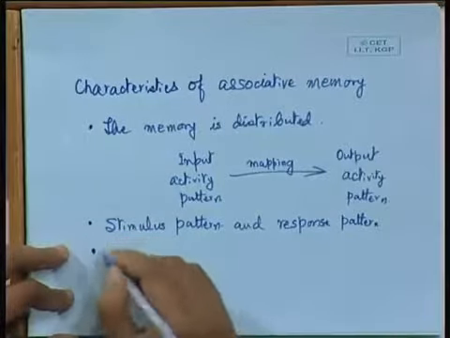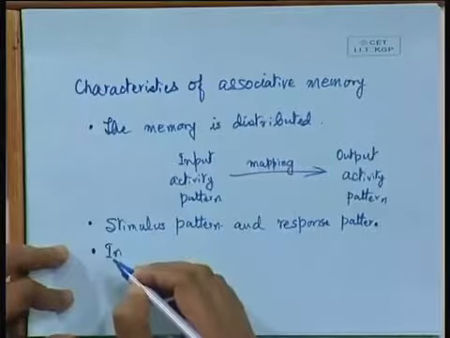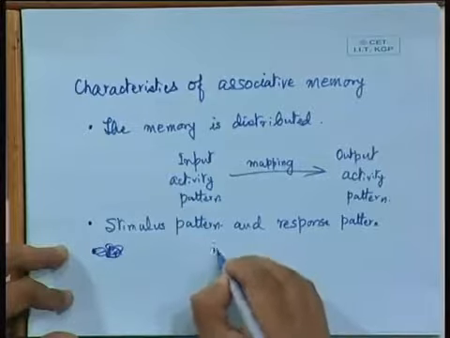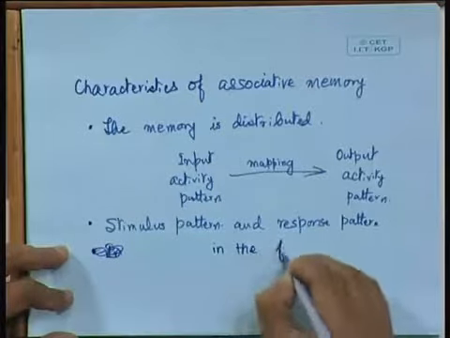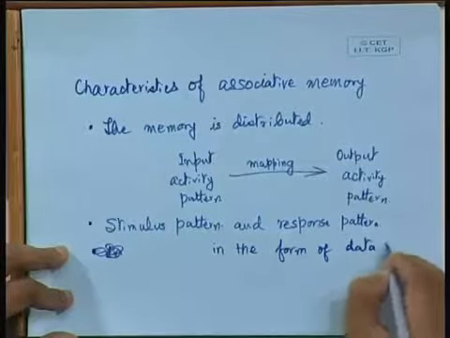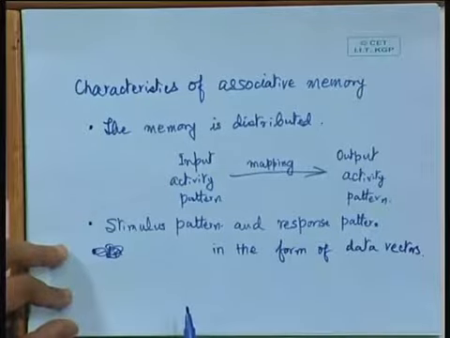Then the information contained in the stimulus pattern and response pattern is in the form of data vectors. Now this is quite obvious. Why is the stimulus pattern a vector?